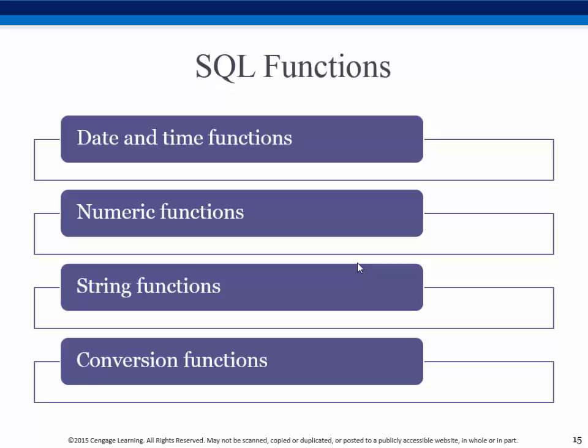And your numeric functions are on page 349. You have string functions on page 350, carrying over to page 351. You have lots and lots of functions. You have your conversion functions on pages 352 and 353.